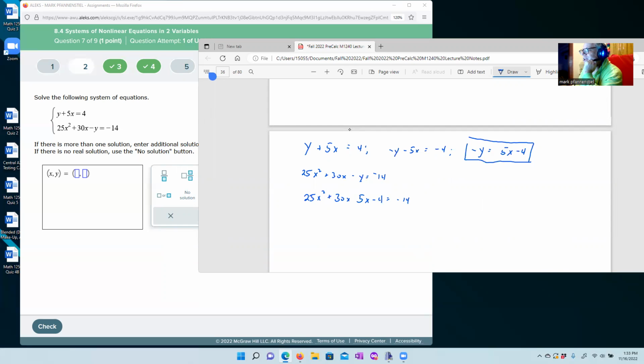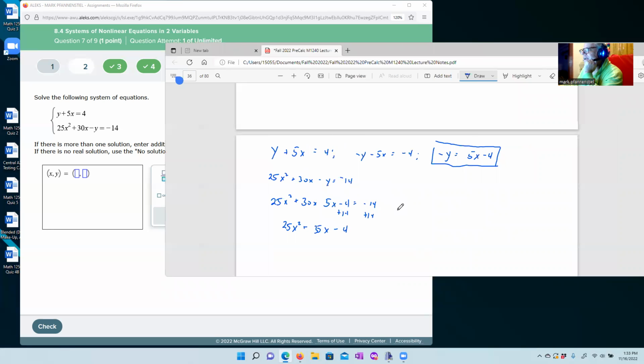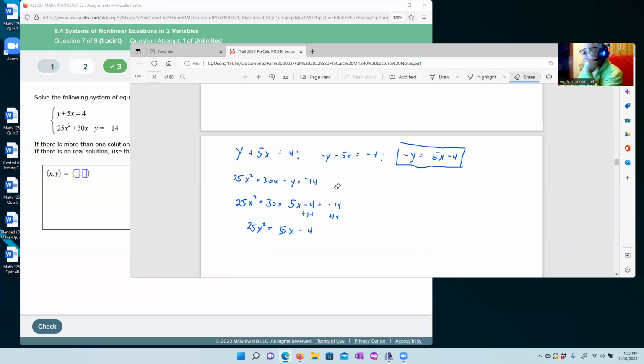So it's 25x squared plus 35x minus 4. Actually, I'm going to add 14 to both sides. So negative 4 plus 14, it looks like we're going to have a negative 10 here. No, we're going to have a positive 10, sorry. So we're going to have a positive 10.